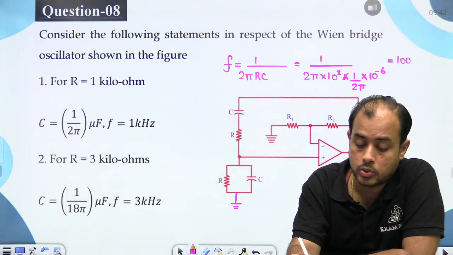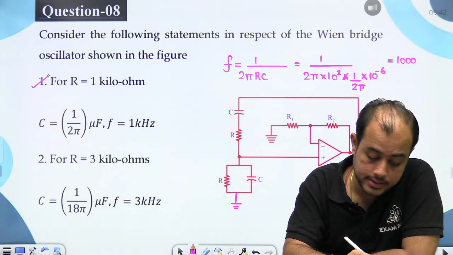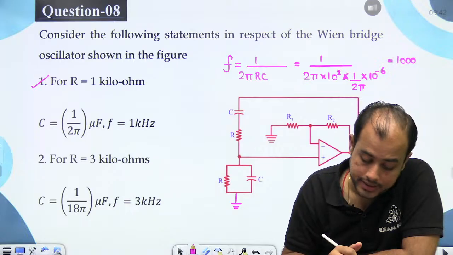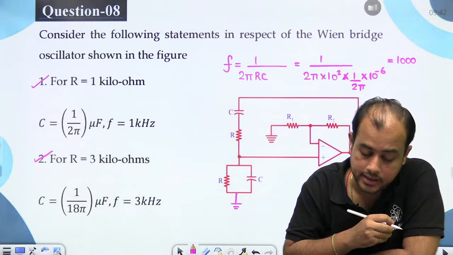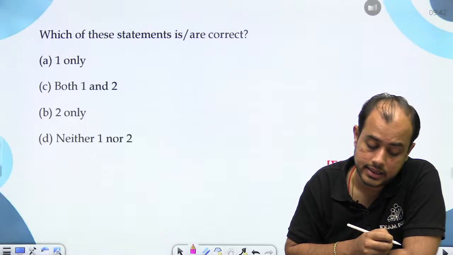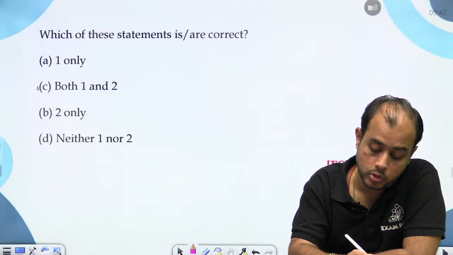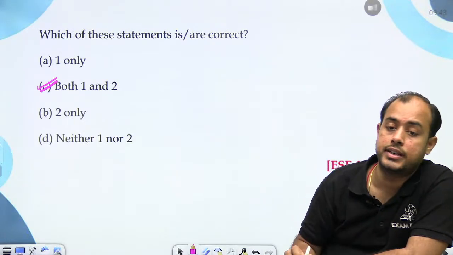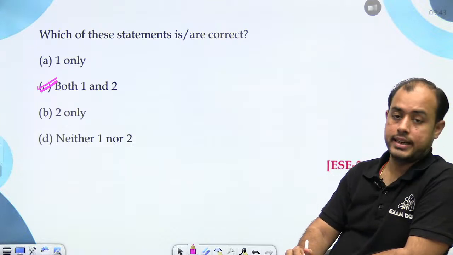So that is 1000, so this is correct. For R equal to 3, C equal to 1 by 18 pi, again you will get 3 kilohertz. So both are correct. ESE 2008, both are correct.